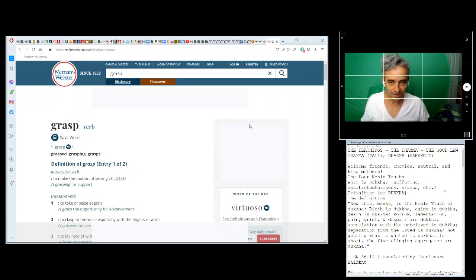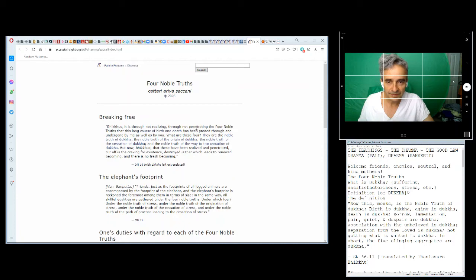Well, yeah, we read about this. No single English word adequately captures the full depth, range, and subtlety of the crucial Pali term dukkha. Over the years, many translations of the word have been used. Stress, unsatisfactoriness, suffering. Each has its own merits in a given context.